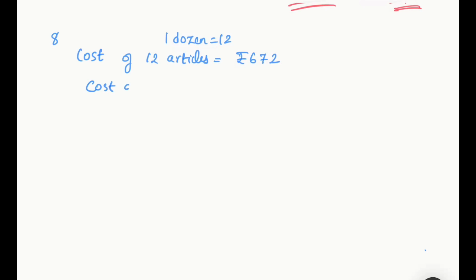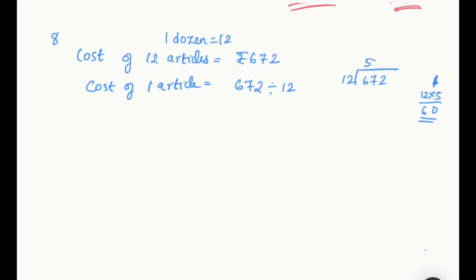So first you need to find the cost of one article. Cost of one article equals 672 divided by 12. 12 5s are what? 12 5s are 60. 72. 12 6s are 72.